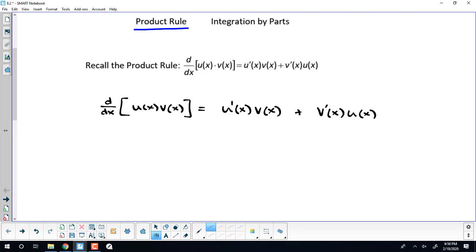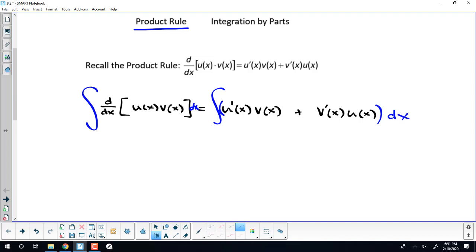All right, so if we know that's the derivative of a product, then we can work this backwards to figure out how to find the antiderivative of a product. So we're going to take the antiderivative of both sides with respect to x.